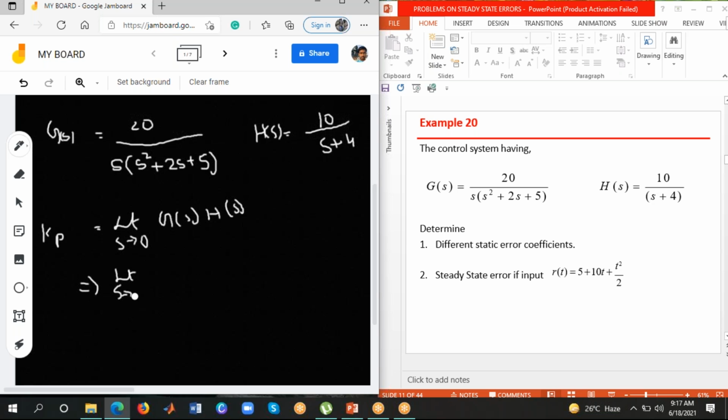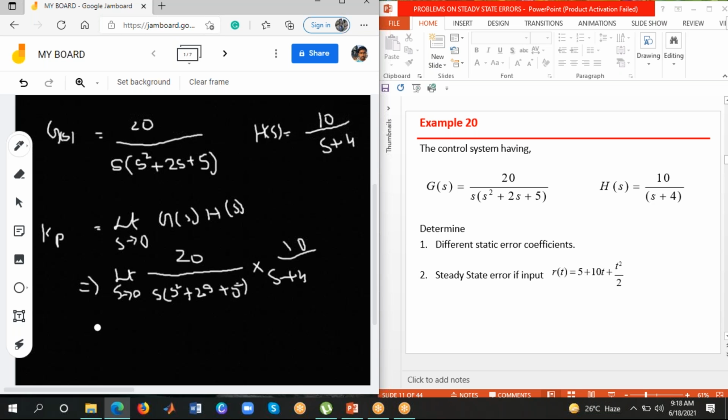Limit s tends to 0, g of s is 20 divided by s into s square plus 2s plus 5, into 10 divided by s plus 4.